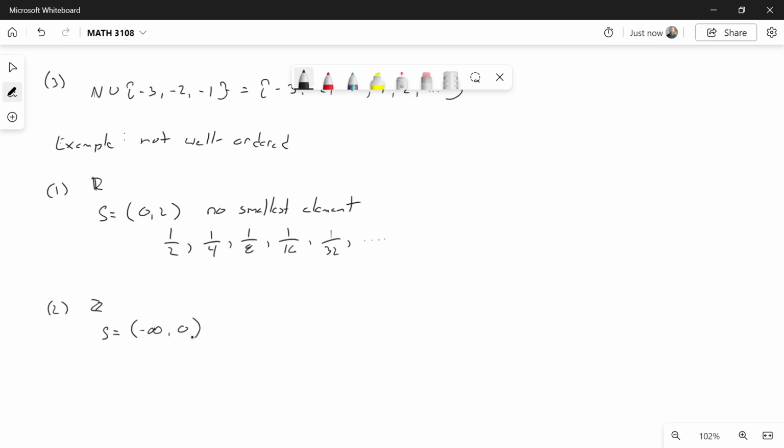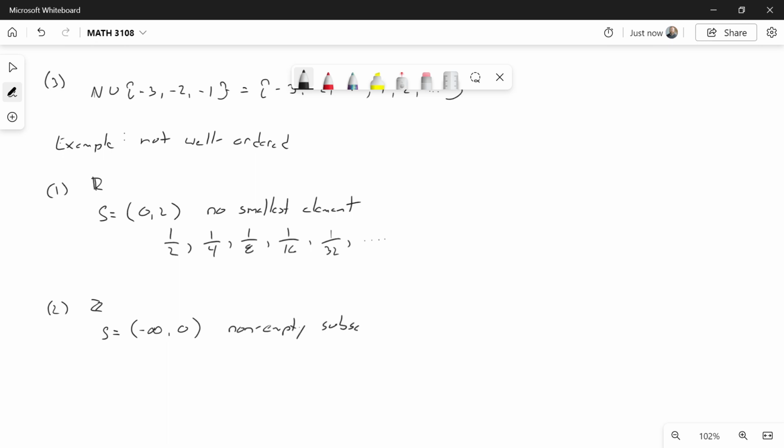So the open set again, so it's not going to contain negative infinity because obviously it can't, and it's not going to contain 0. It doesn't really matter if it did contain 0, but the same idea still holds. So in this case, this subset of Z doesn't have a smallest element because negative infinity is not an element. It constantly gets smaller and smaller and smaller, or more and more negative. So this doesn't work. So this is in fact a non-empty set.